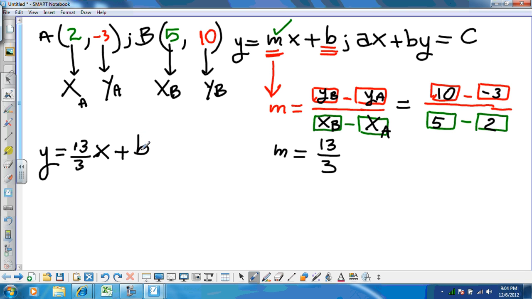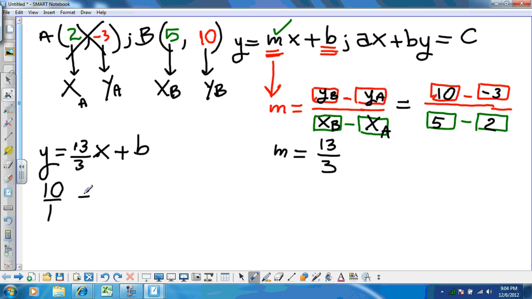So I can go back here and write my equation. Y equals 13 over 3 x plus b. Okay. In order for you to figure out the y-intercept, the value of b, you will have to substitute one of these points into the equation.